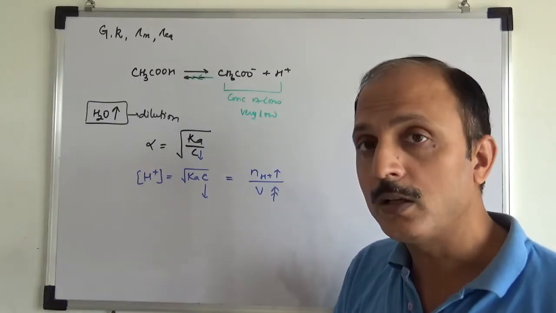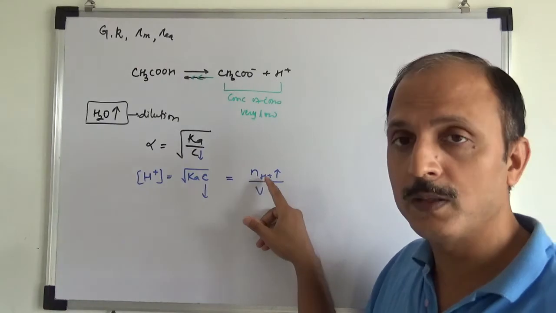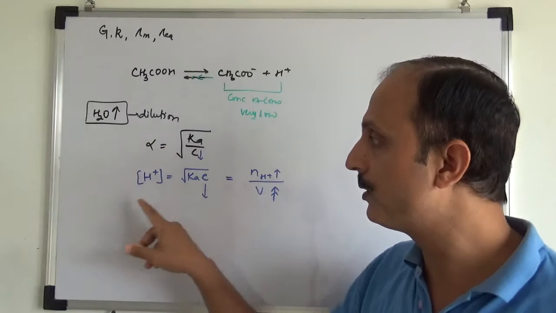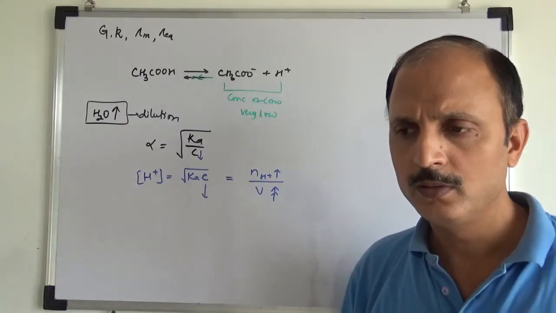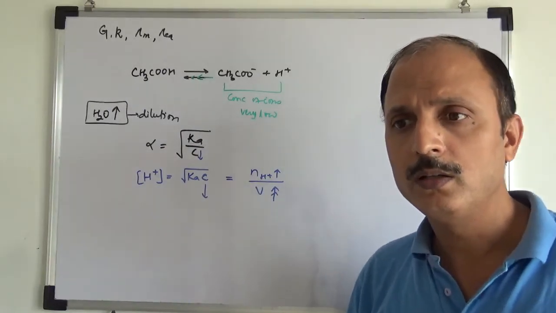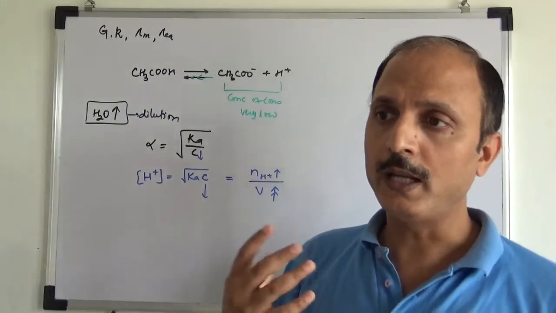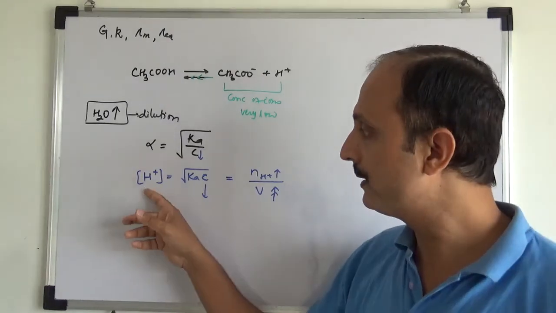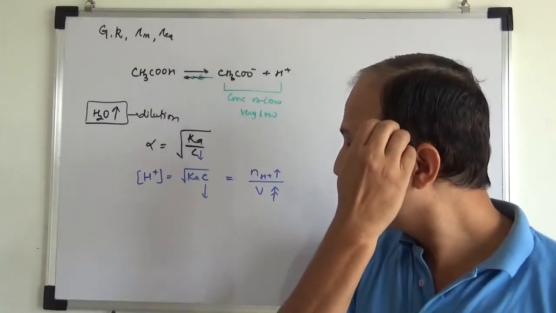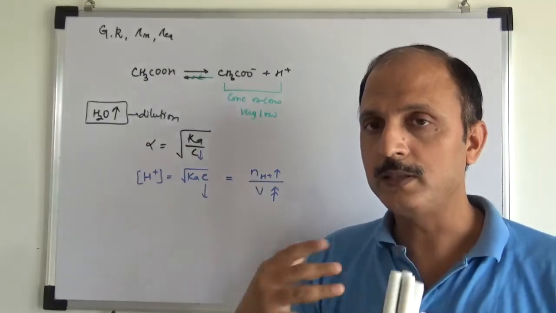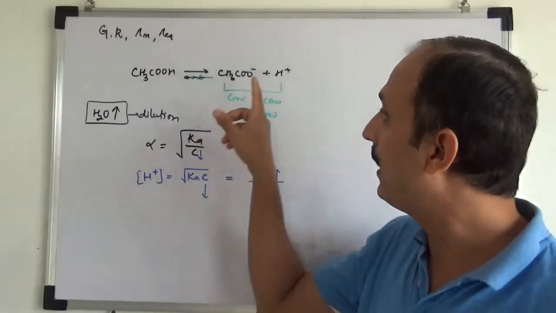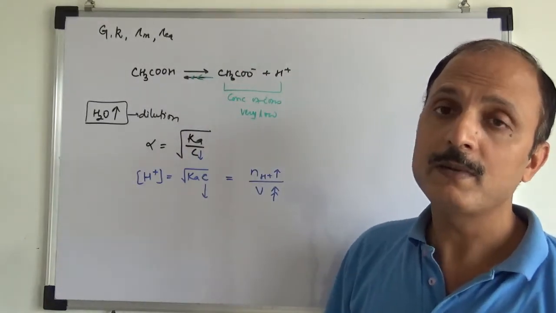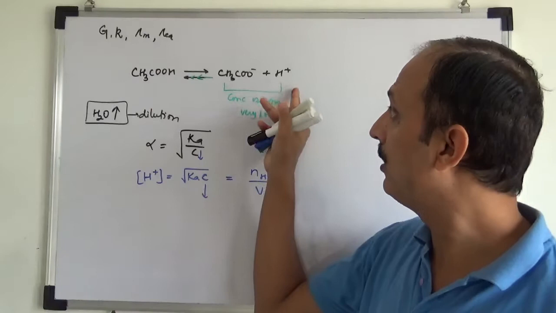Concentration of H plus means what? The number of H plus ions by volume. Volume is increasing more, so this concentration is going to decrease. That is very true, and we know it from the dilution law also: when you dilute any solution, the concentration always decreases. The dissociation is increasing, meaning the number of H plus ions is increasing, but at the same time the volume is increasing, so their concentration is decreasing.